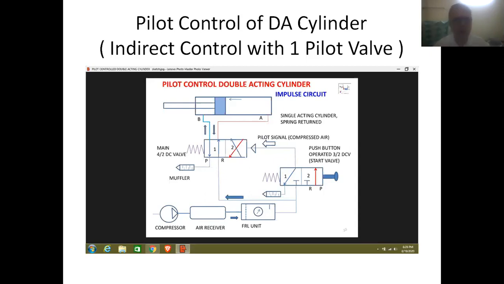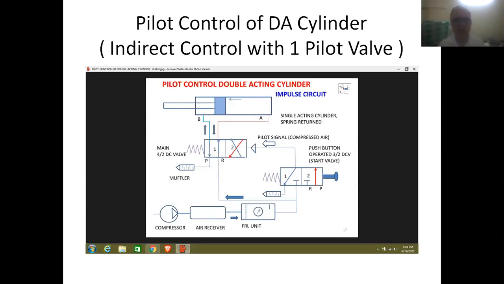Therefore, it is called a pilot control of the cylinder. If not directly, indirectly, this pilot valve is controlling the action of the double acting cylinder. Therefore, it is also called indirect control of the cylinder.